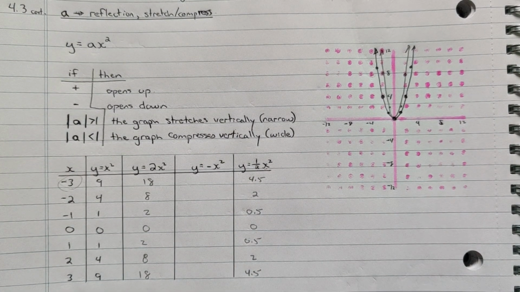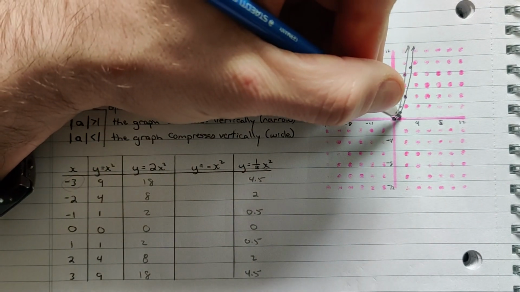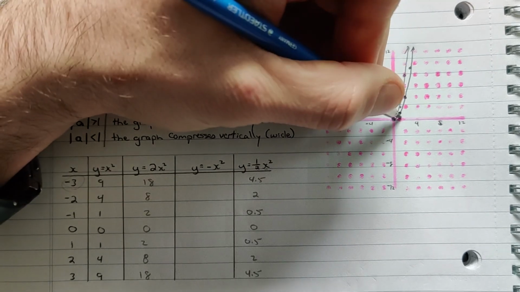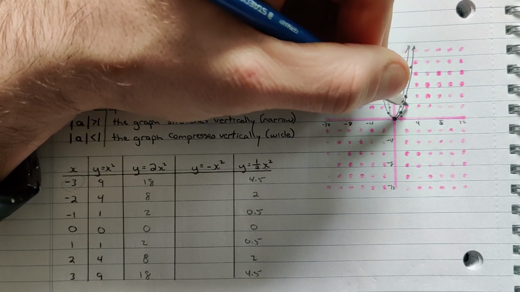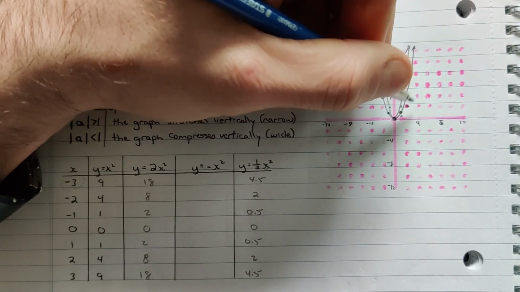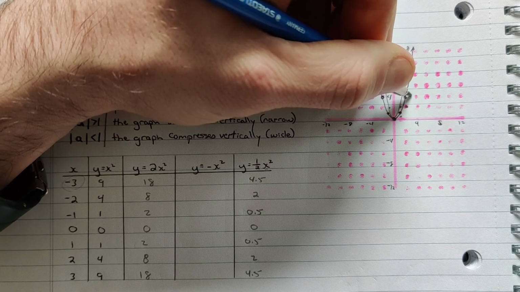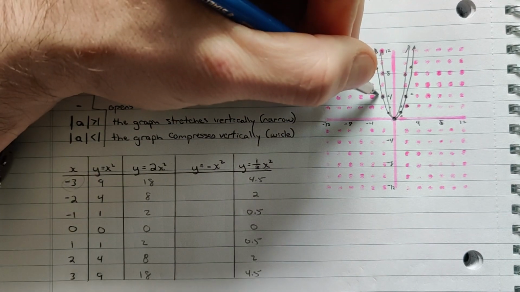Now if I plot those on the graph, I'm going to squeeze them in here, but I got 0.5 at 1, 2 at 2, and 4.5 at 3.